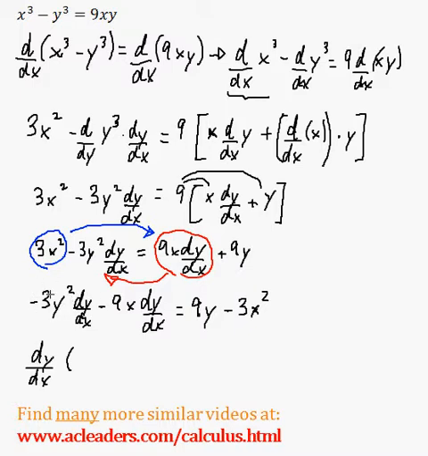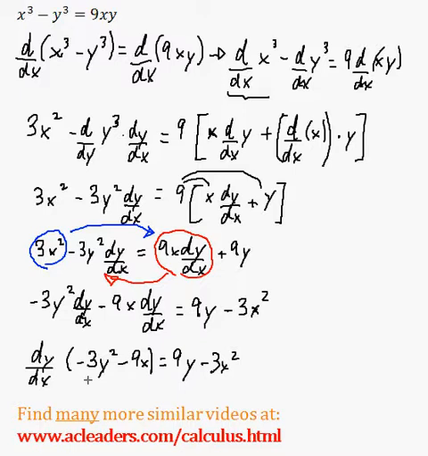Negative 3y squared dy/dx divided by dy/dx is just going to be negative 3y squared. Negative 9x dy/dx divided by the dy/dx is just going to be negative 9x. And that's just equal to 9y minus 3x squared. Wow, I could have divided everything by 3, but I guess I'll do that later.